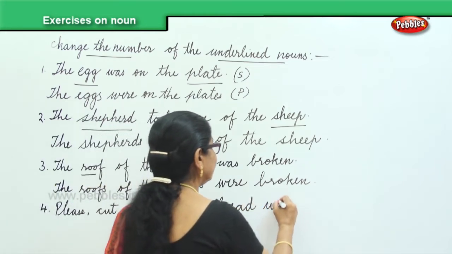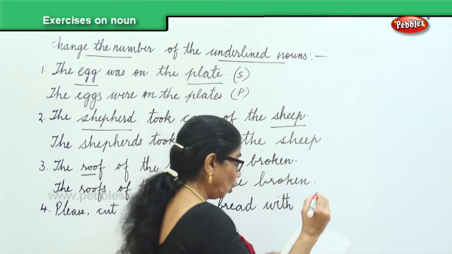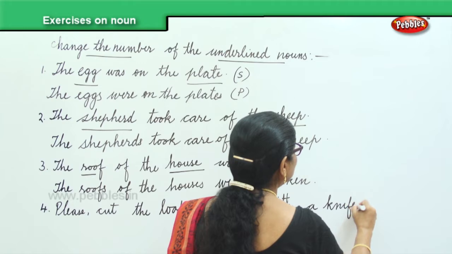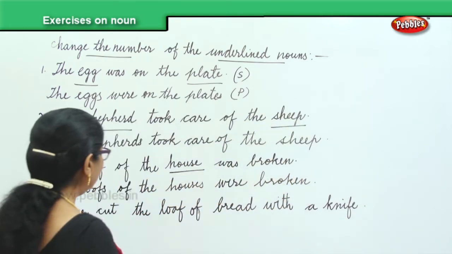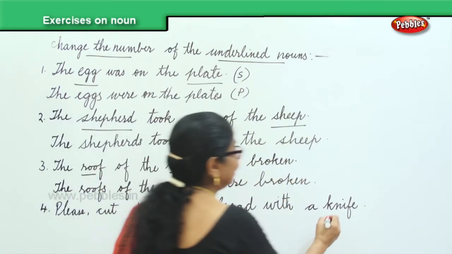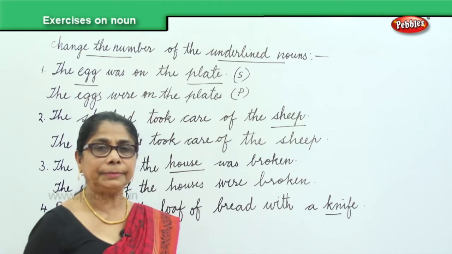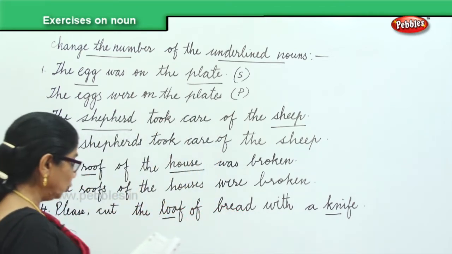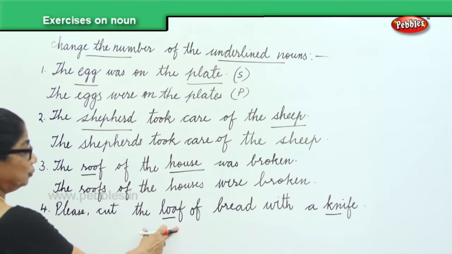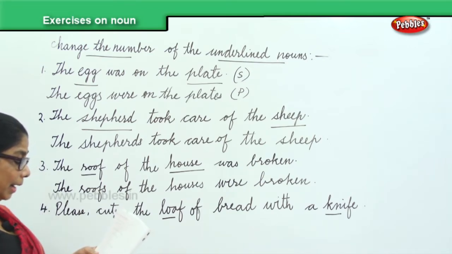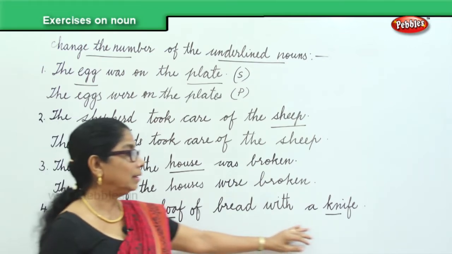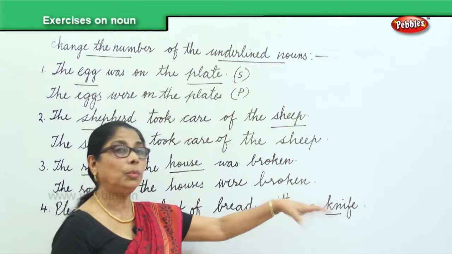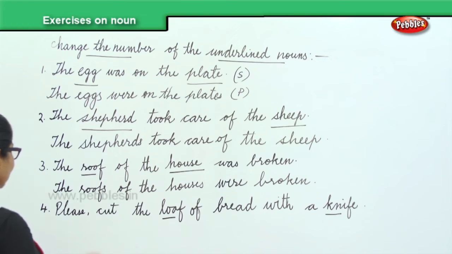The nouns underlined here are loaf and knife. Okay? One loaf, one knife. How are you going to change it to plural? So you will say, please cut the loaves of bread with knives.